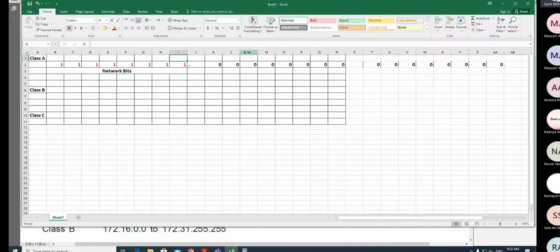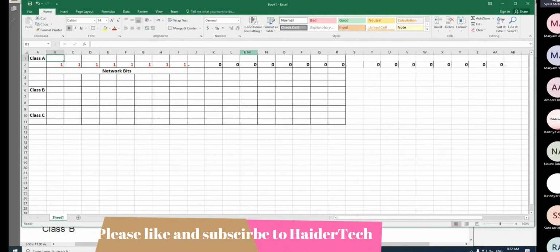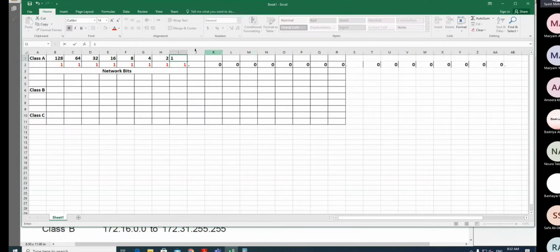If you add all these bits, because all bits are 1: 128 plus 64, 32, 16, 8, 4, 2 and 1, it becomes 255.